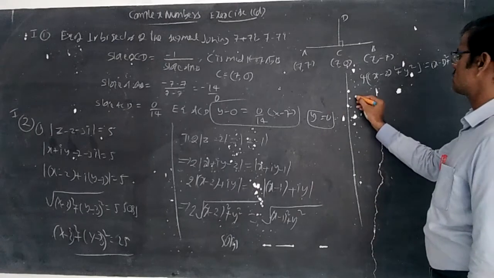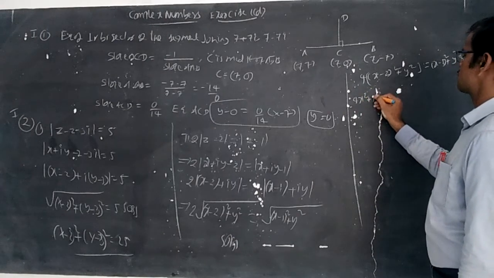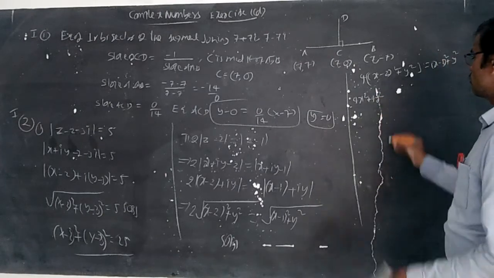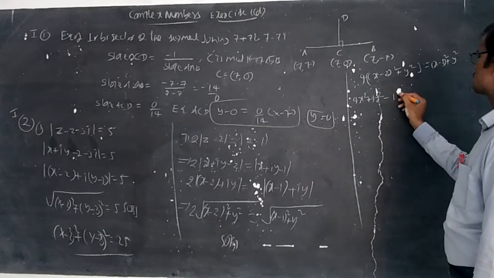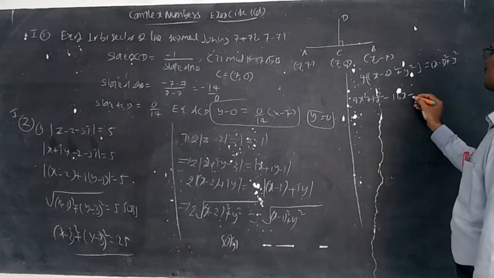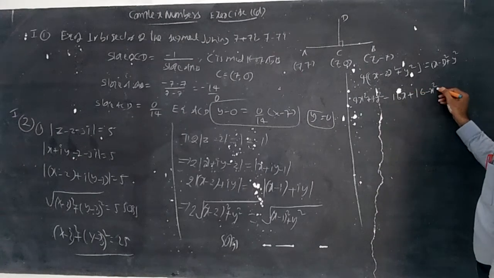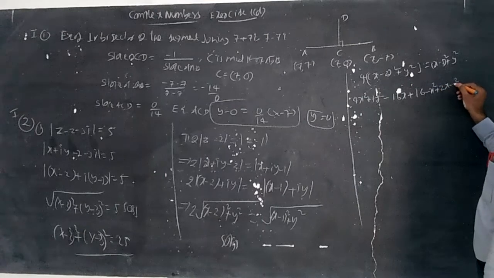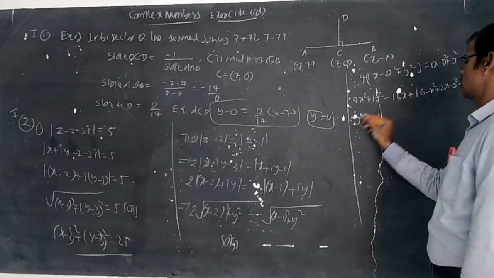So expand this one: 4x square plus 4y square minus 16x plus 16 minus x square plus 2x minus y square minus 1 equal to 0.